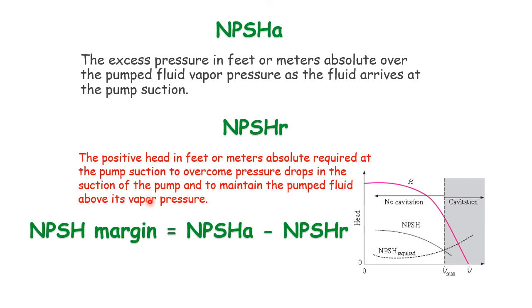As a factor of safety, normally an NPSH margin of 1 meter is considered. That means the NPSHA should always be higher than the NPSHR by 1 meter. So that was basically the key difference between the NPSHA and NPSHR.